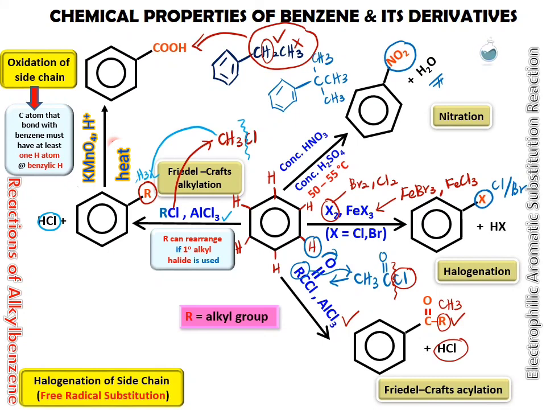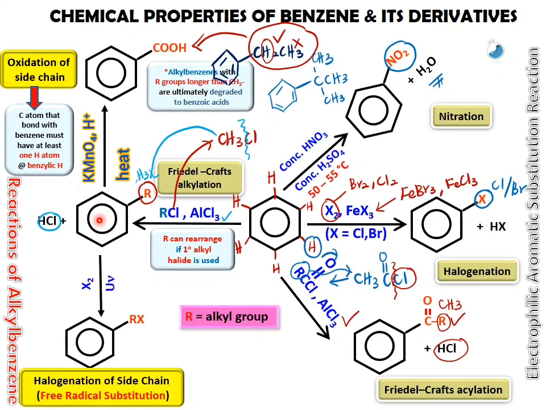Okay, and the last one, we have halogenation of side chain. So what happen here? Okay, so dia akan dapat ni nampak X2. X2 refer kepada halogen. Okay, X ni refer kepada halogen sama ada Cl2 or Br2. So you pernah jumpa kelas reaction ni, bila ada UV dia refer kepada free radical substitution. So apa yang berlaku, H akan keluar dan akan substitute dengan halogen.